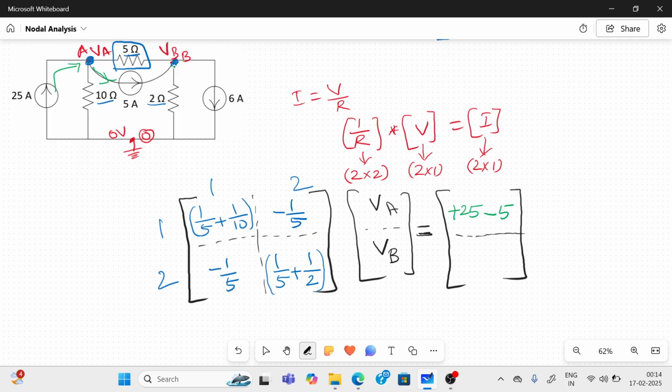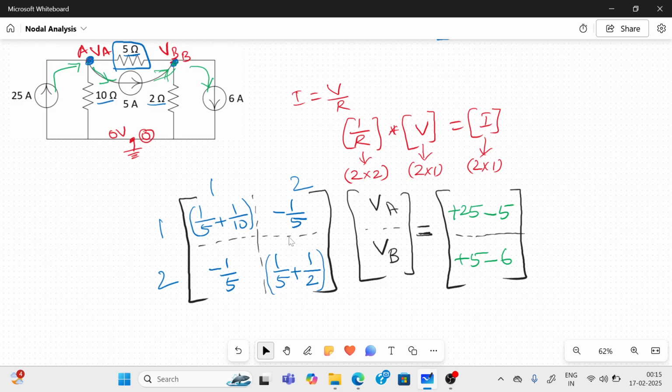Similarly, coming to node 2, the 5 amps is entering, so plus 5. This 6 amps is leaving, minus 6. Okay, so you identify these values. 1 by 5 plus 1 by 10 you can identify, or you can type these values directly in your calculator.